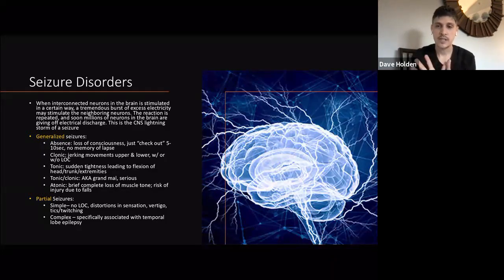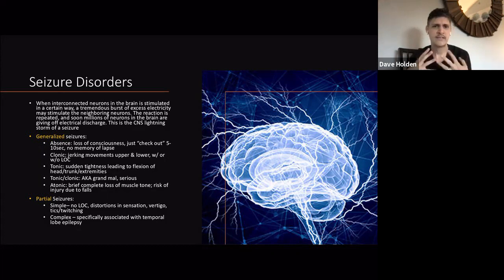Partial seizures: we have simple and complex partial seizures. Simple partial seizures do not involve a loss of consciousness. Usually you have a mild seizure, but your body doesn't convulse. It's more of a mental thing. Your sensations get really distorted.